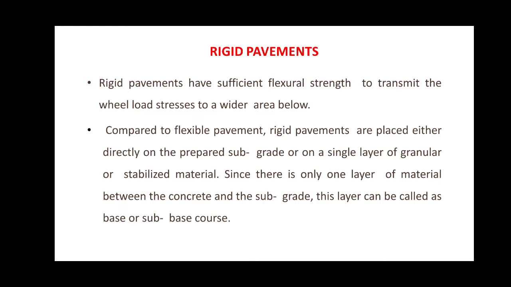Cement is the major ingredient or material used in the construction of rigid pavements. The expansion joints are needed due to these thermal stresses produced in the rigid pavements, and the strength of the rigid pavement does not rely or depend on the subgrade.